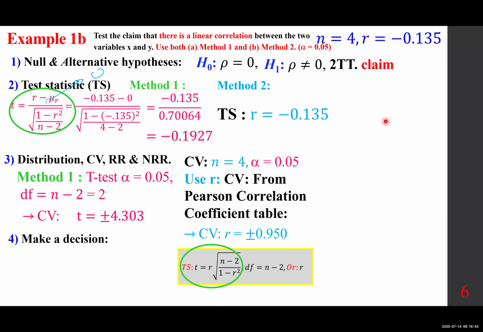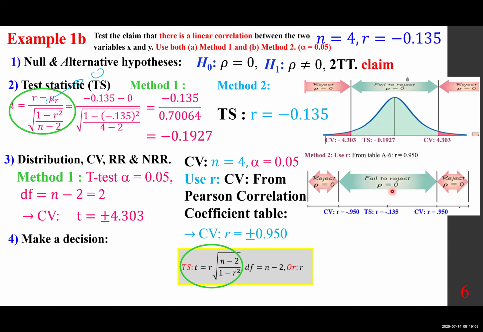I hope you can see that it's in between. I'm going to show you in a moment. For this one, you draw a line, and it goes from negative 0.95 to positive 0.95. And R, which is negative 0.135, is somewhere in between. So take a look at this one. This is for the first test.